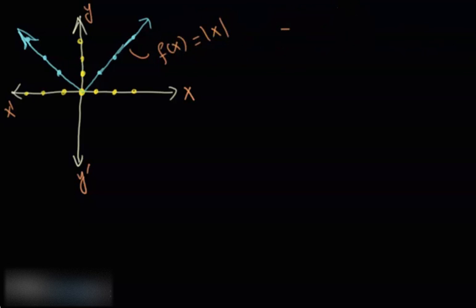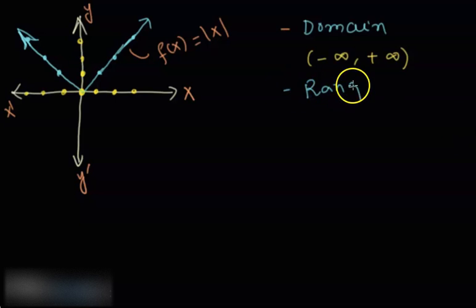If we talk about some further properties of this function, what is going to be the domain? The domain is all of the real numbers. You can insert any value, so it's minus infinity to plus infinity. What about the range? The range consists of only non-negative y values, so it's 0 to positive infinity.